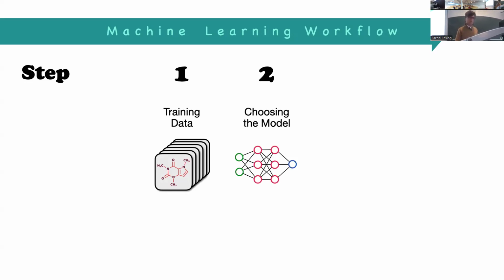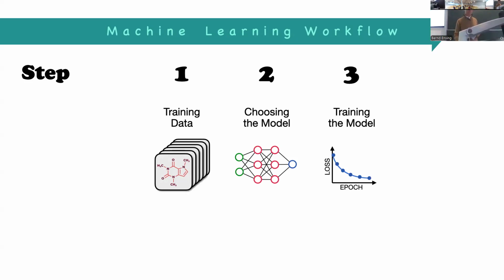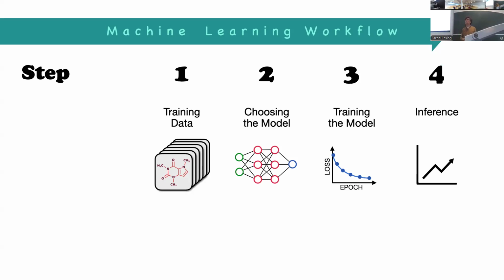Then you have to choose a machine learning model. You could use a neural network, but there are actually many different machine learning models. And you have to train the model. That involves a bit of steps and delicacy. And then finally, we'll do the inference. And so we'll always do it. I will go through these things step by step in the rest of the lecture.